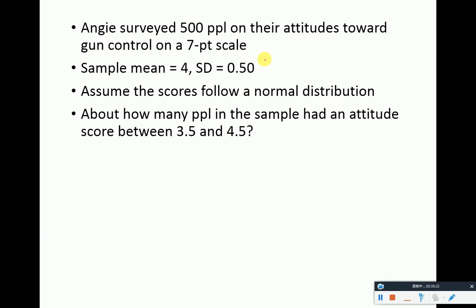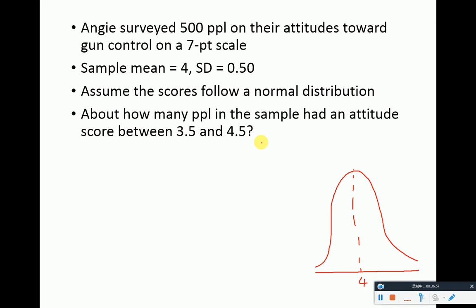Given all these conditions, we can roughly plot the distribution. First of all, it's normal, and then we know that the mean is about 4, and the standard deviation is 0.5. And then we want to know about how many people in the sample scored between 3.5 and 4.5.